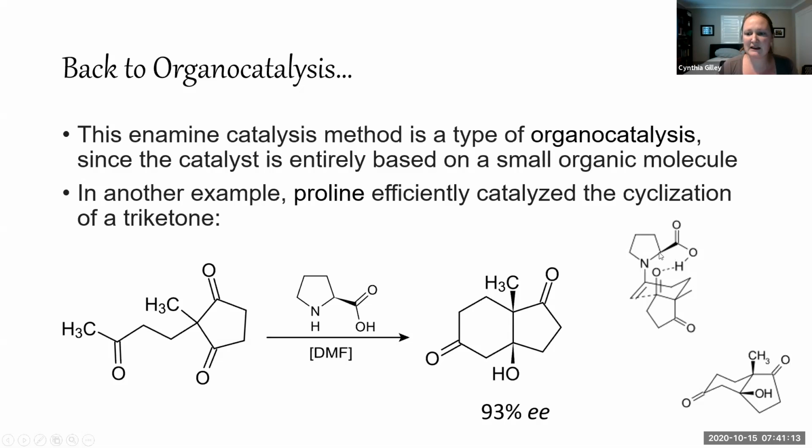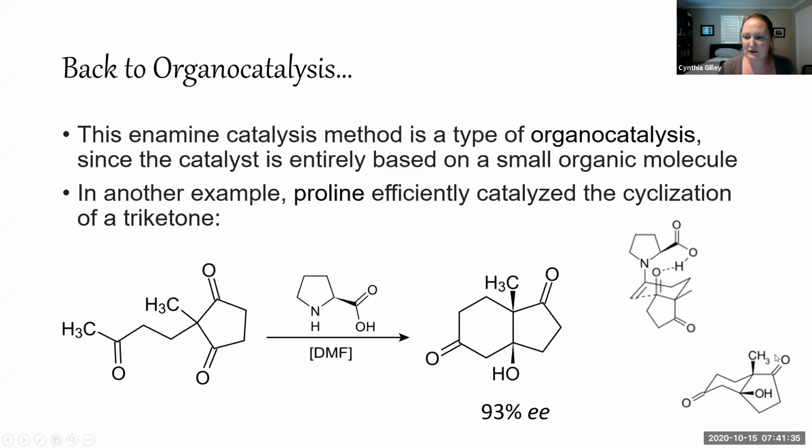So the hydrogen bonding is essentially locking this ketone in place in front of the enamine because of this chiral center. As a result, the enamine will attack from one face more than it will attack from the other. And that will lead to the enantioselectivity that we see in the reaction.